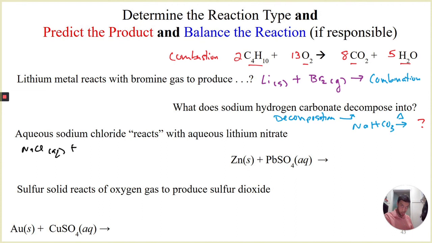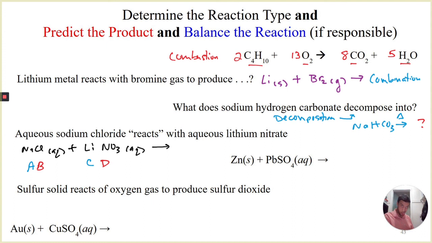The next one, sodium chloride, aqueous, reacts with, so there's our plus, lithium nitrate, aqueous. And looking at this, I have a metal and a non-metal, and I have a different metal and a different non-metal. This is fitting my double replacement reaction.